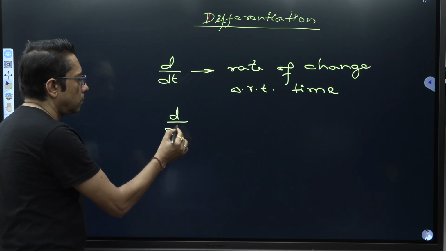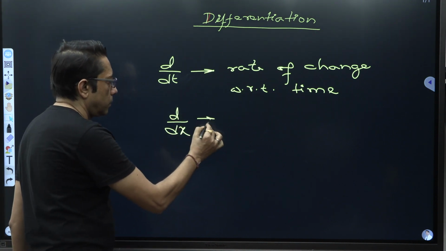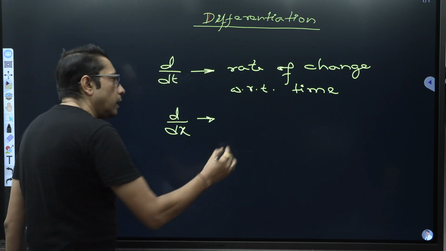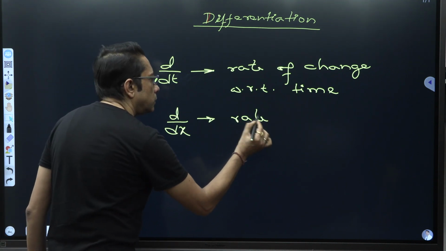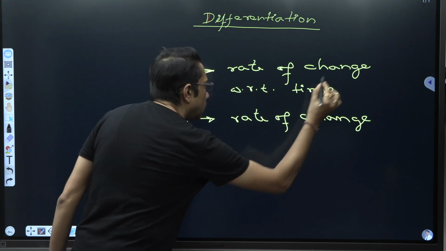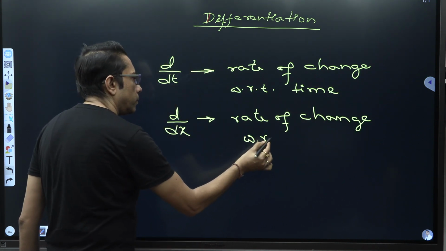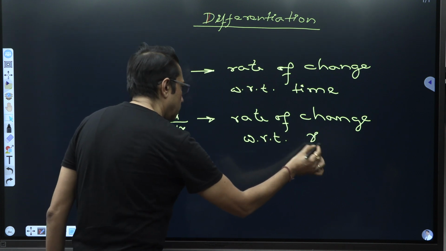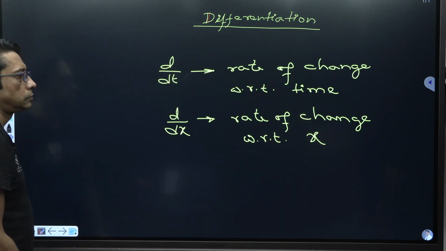If I write d by dx, it will again mean rate of change, then with respect to x.